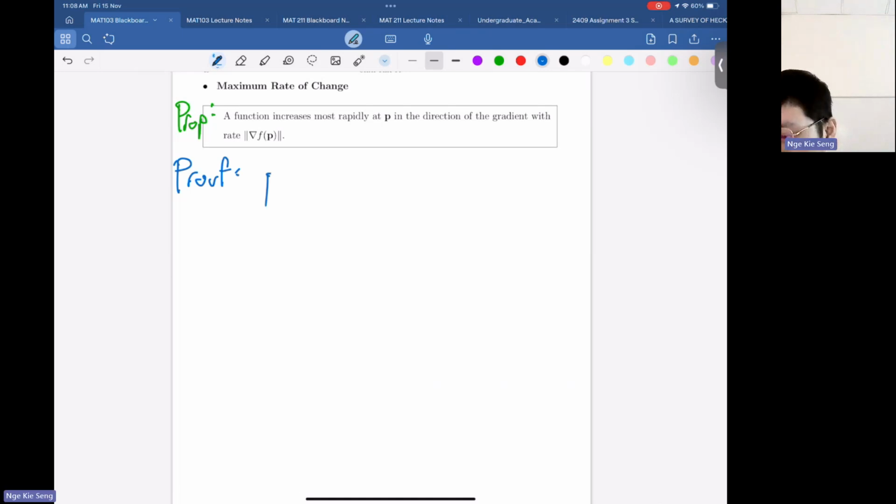The rate here actually refers to the directional derivative. Earlier we described D_u f(p): we have a direction, and that direction has a plane containing it, and then we look at the changes of that intersection. The slope of that change is D_u f(p).